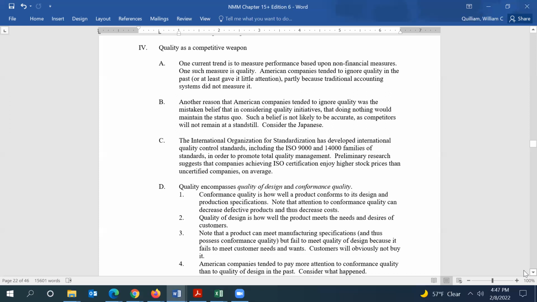And preliminary research suggests that companies achieving ISO certification enjoy higher stock prices than uncertified companies on average, because it is a signal to the marketplace that we're doing something better, and therefore we expect higher return on investment.